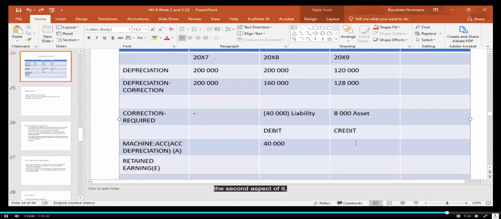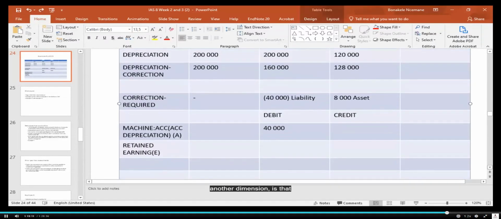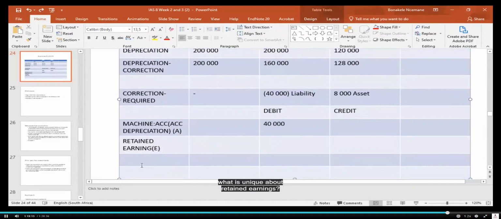But the second aspect of it, another dimension, is what is unique about retained earnings? What kind of a profit do you take to retained earnings? It's a profit net of what? Net of tax.